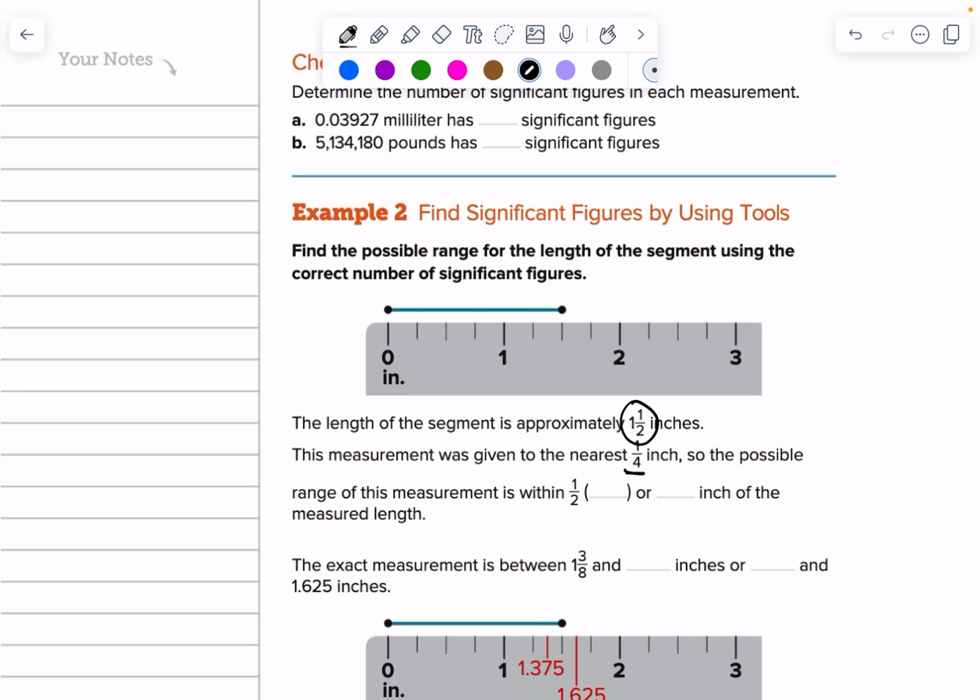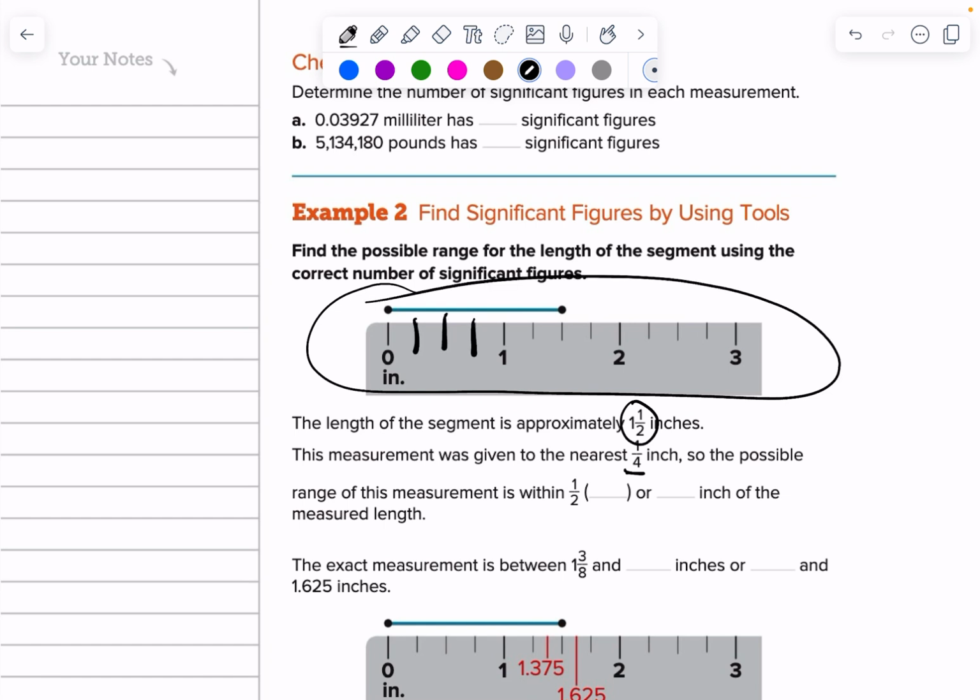Well, my ruler right here is only marked every 1/4 inch. Most of the time you'll see rulers marked every 1/8 of an inch or 1/16 of an inch, like there's 16 markings here. But this one's marked every 1/4 of an inch, so I'm rounding to the nearest 1/4 of an inch here.